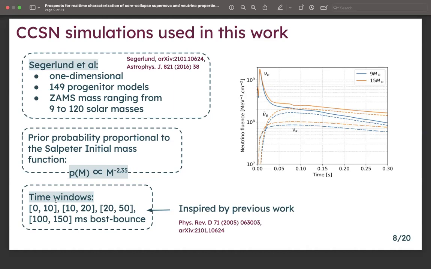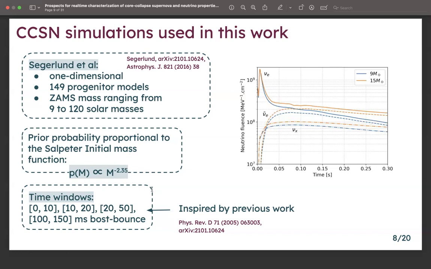Those are one-dimensional simulations. We have 149 progenitor masses at our disposal, with zero-age main sequence masses ranging between 9 and 120 solar masses. Of course, we have to be careful because not all of them are equally probable. We will have to include a prior probability on these masses that is proportional to the Salpeter initial mass function.